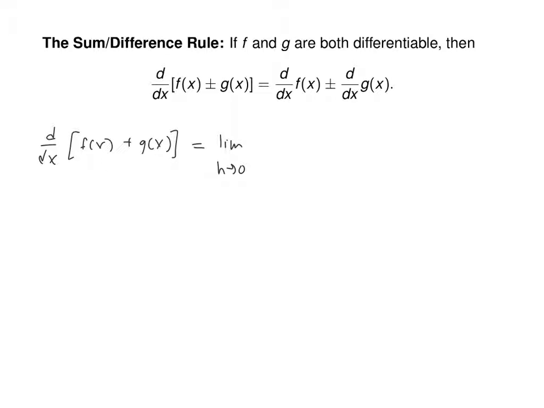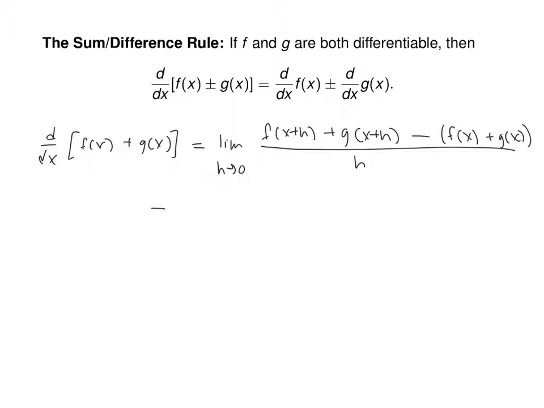The first thing you do when you use the limit definition is you plug x plus h into the thing that's being differentiated. So that's f of x plus h plus g of x plus h. And then minus the original function, which is f of x plus g of x, all over h. And that's the definition you were super, super sick of using.